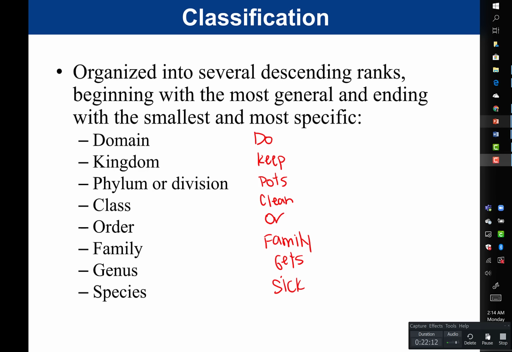One of the things that you're going to figure out is that having these mnemonic devices, these ways to help you remember things, is going to make it a lot easier on yourself. It's a lot easier to remember, do keep pots clean or family gets sick, than it is to remember specifically domain, kingdom, phylum, class, order, etc. So throughout the semester, you'll see that I will try and give you as many mnemonic devices or ways to remember things.